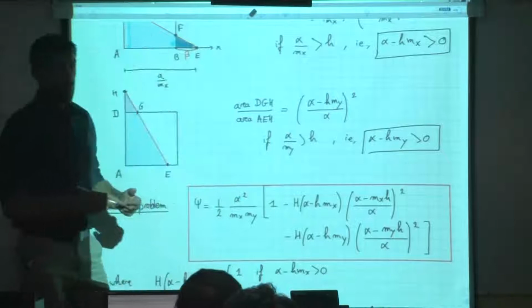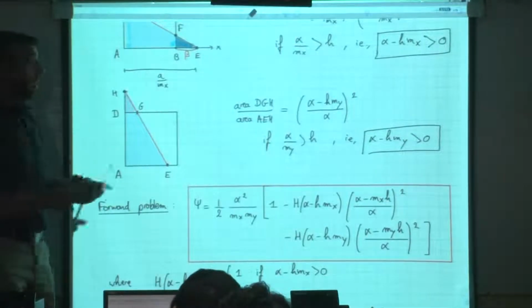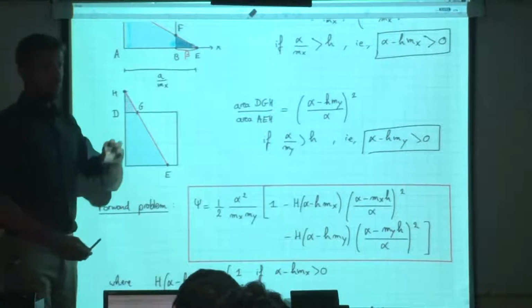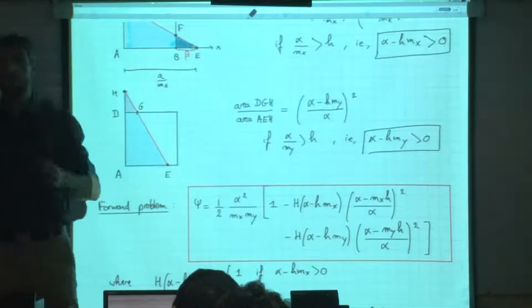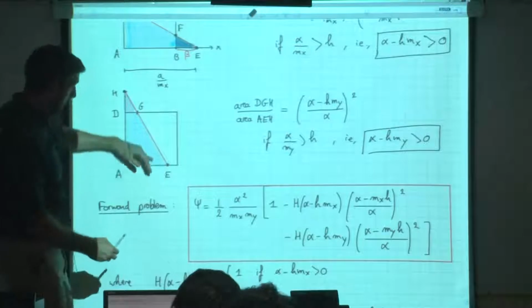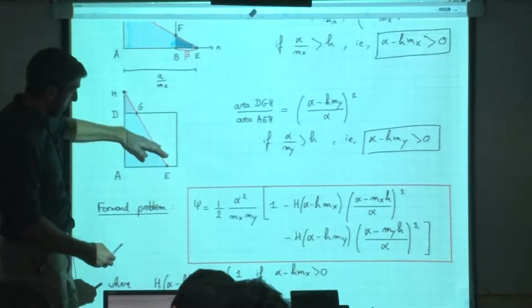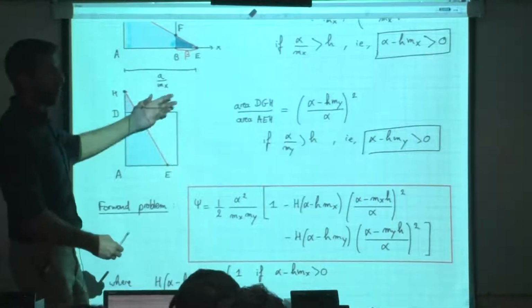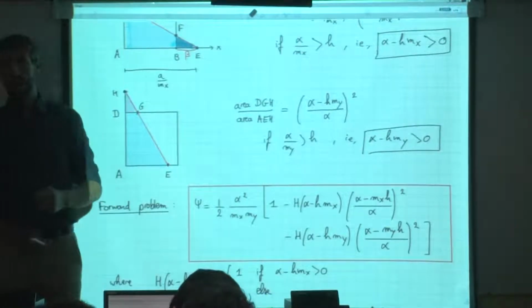That only works if I know that this turns on before this turns on. But this is not really a problem because I can always look at the symmetric problem. I can flip x and y and solve the problem such that the orientation of this plane is always with a larger gradient in x and in y.